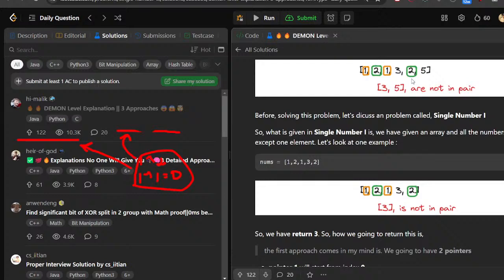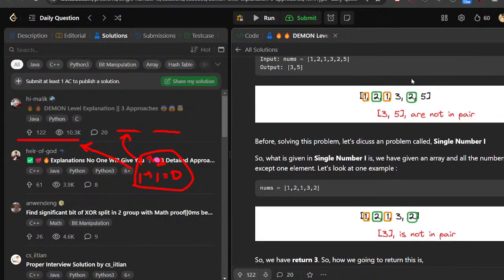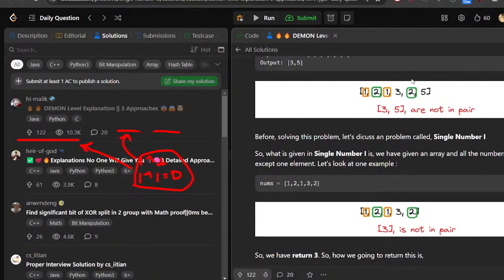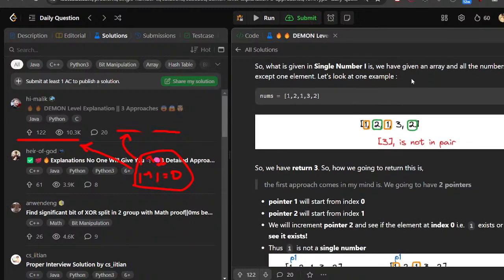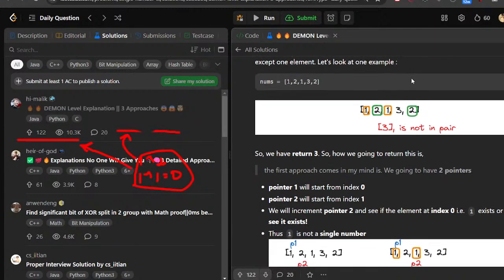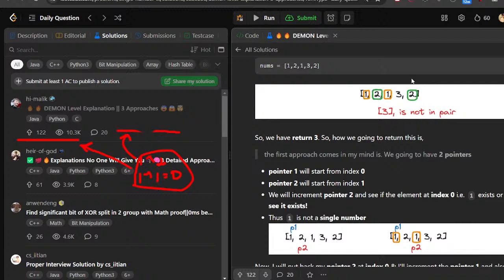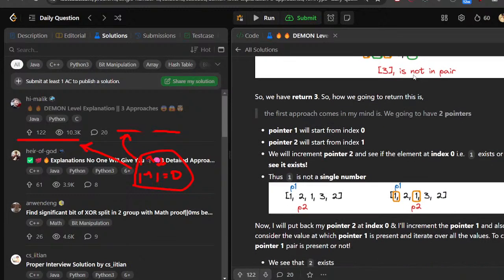So if we are given an array and all the numbers are in pairs except one, let's look at that number. So we have two pointers: pointer 1 starting from index 0, second from 1, increment the pointer to see if the element at the index already exists.